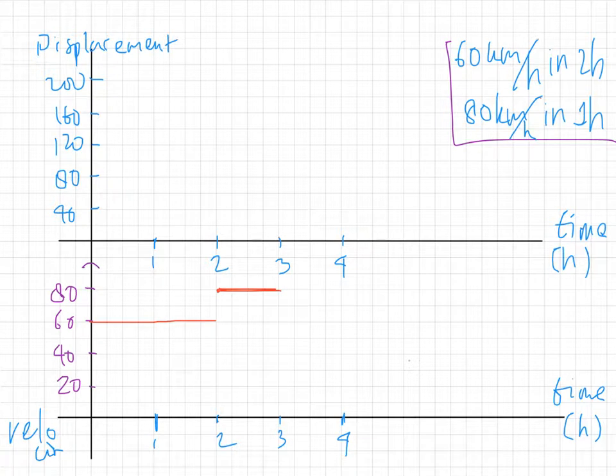But the same idea can be represented in a displacement time graph, which is 60 kilometers per hour in 2 hours. It means that we could reach 120 kilometers. So in the first 2 hours, we could go here, roughly like this. And then in the next 1 hour, it suddenly changes, so it becomes here.